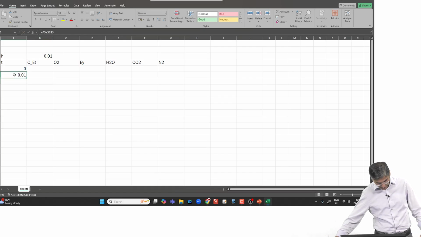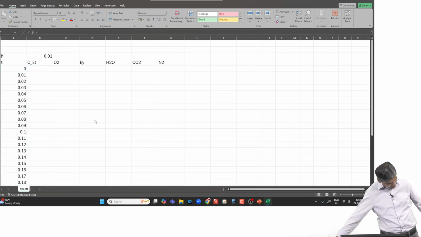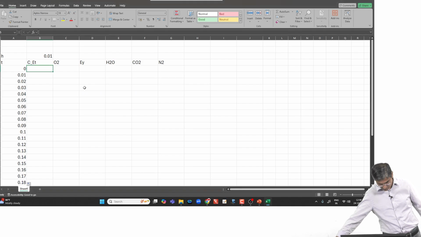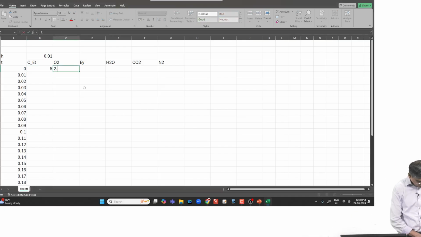We are just setting things up. Concentration in the beginning: 5 moles per meter cube, 2.5, 9.4, 5, 2.5, 0, 0, 0, 9.4.